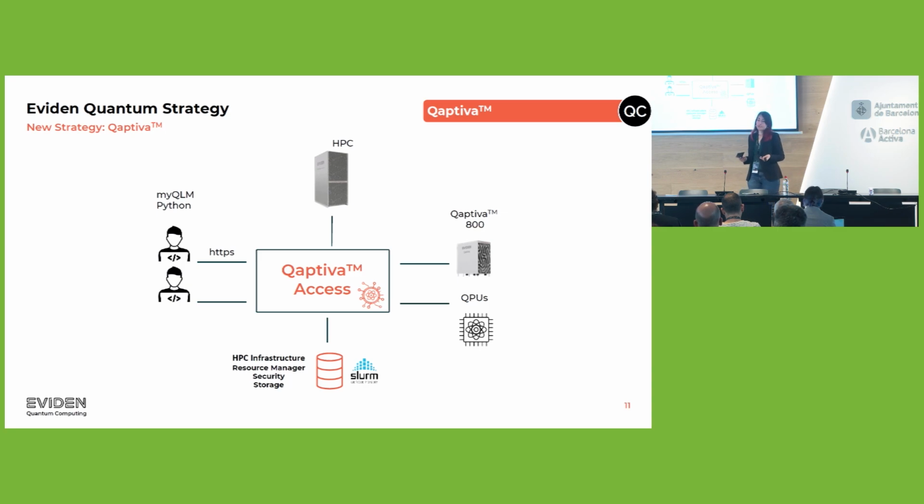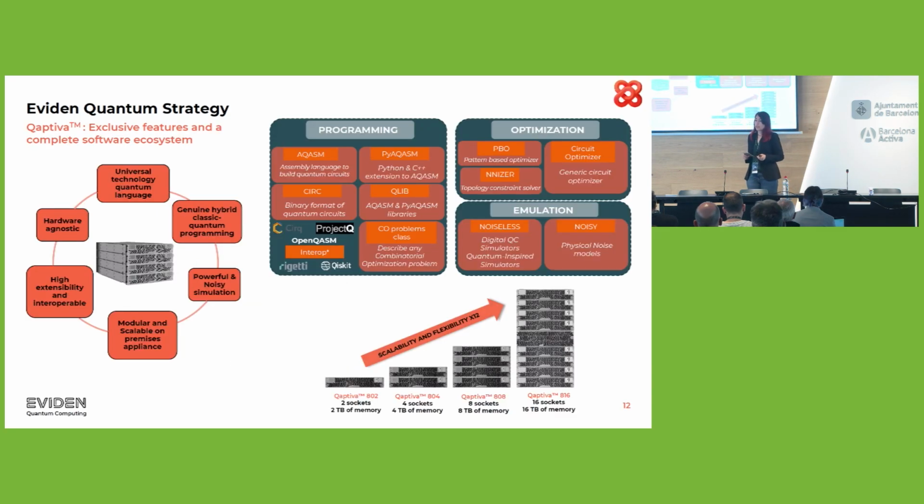All of this is managed by Slurm. The Qaptiva emulators allow simulations of three types of computing: digital, analog, and annealing.